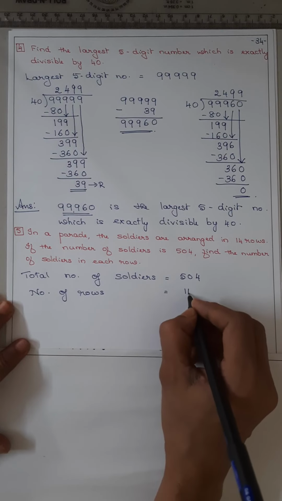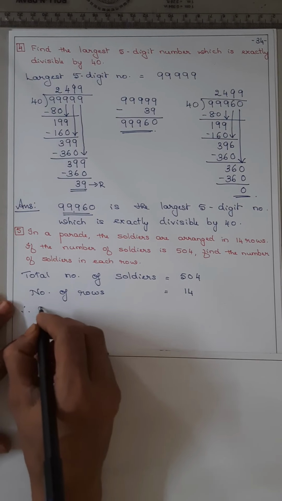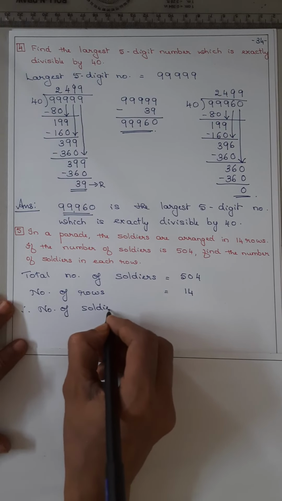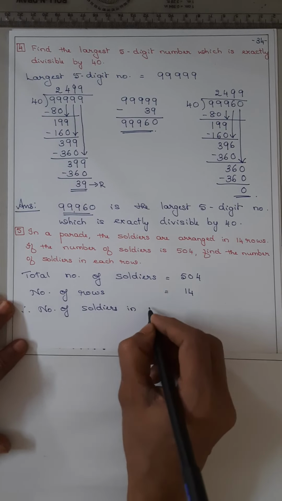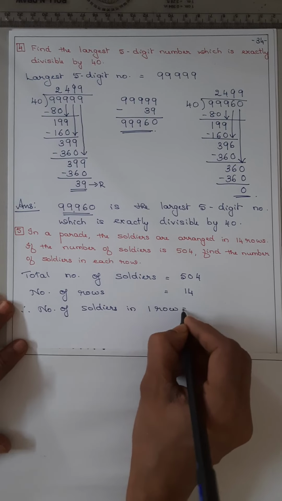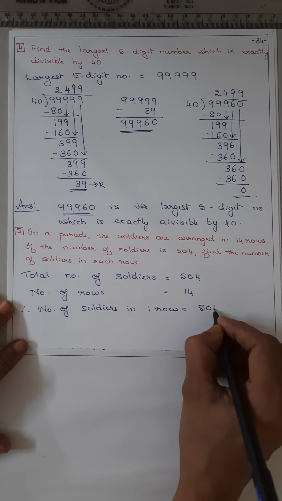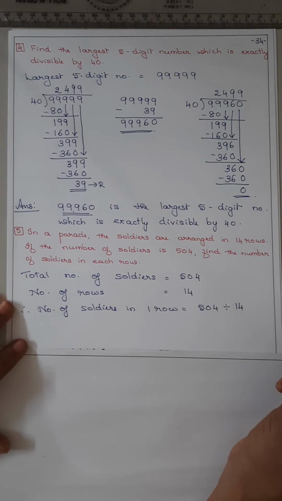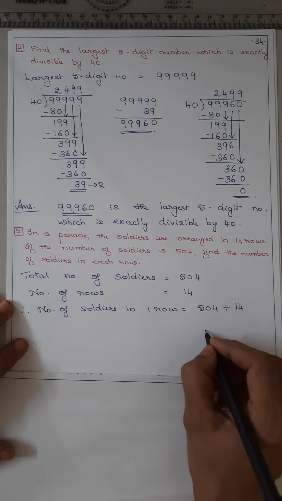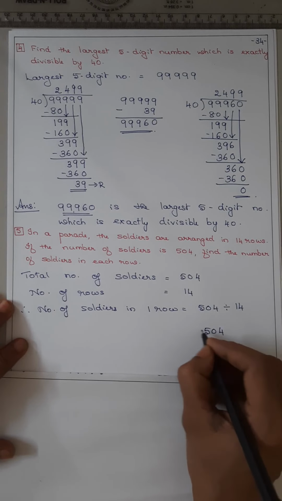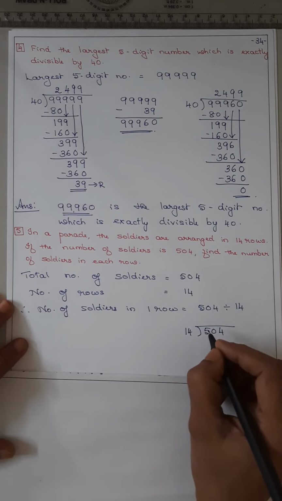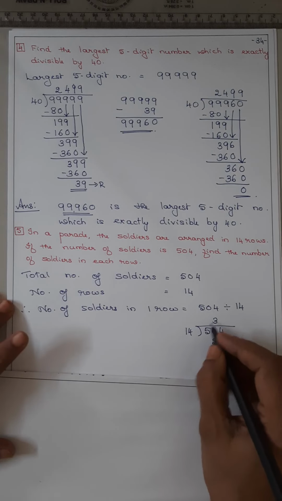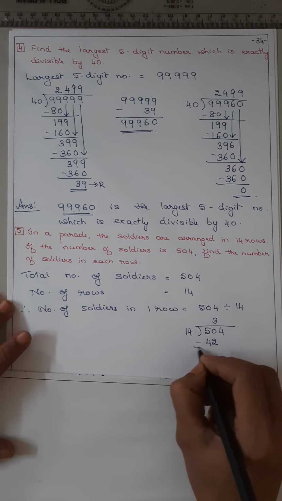is 14. Therefore number of soldiers in one row. How many in one row? Total 504 and number of rows is 14. So divide and see. 14. 3s are 3, 4s are 12, 3 1s are 3, 4.